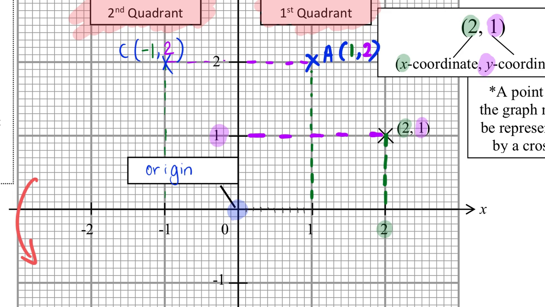So I continue to plot the rest of the points, for point D. Point D, x is 2, y is negative 1.